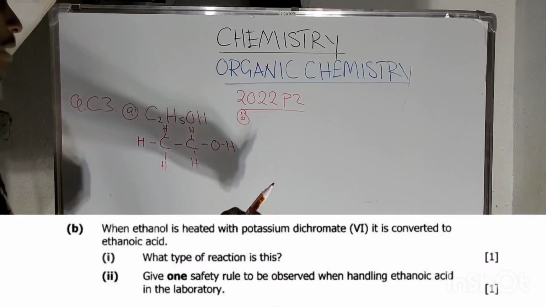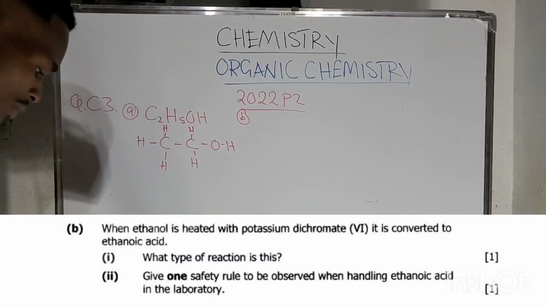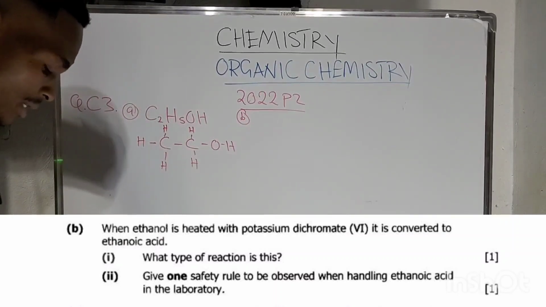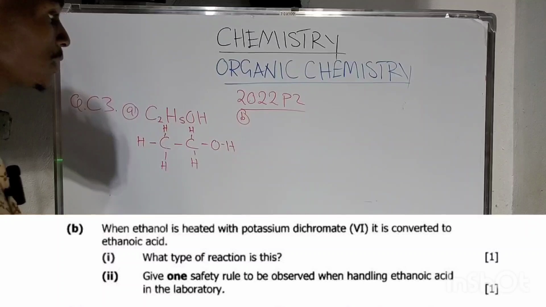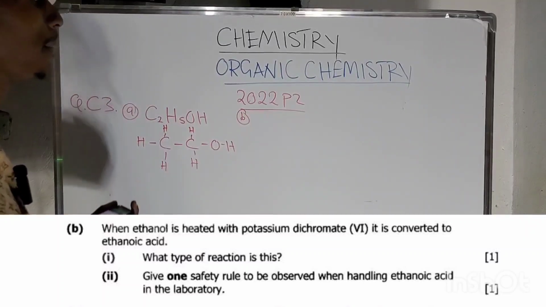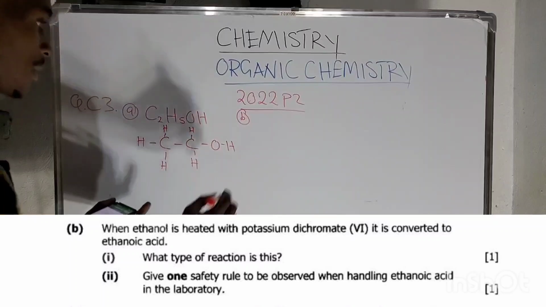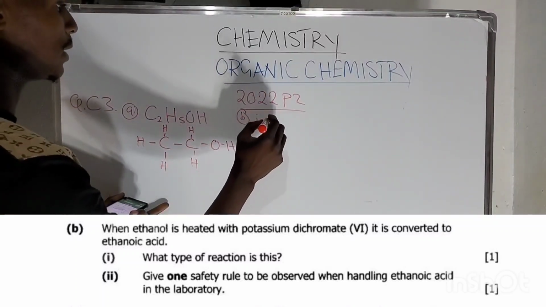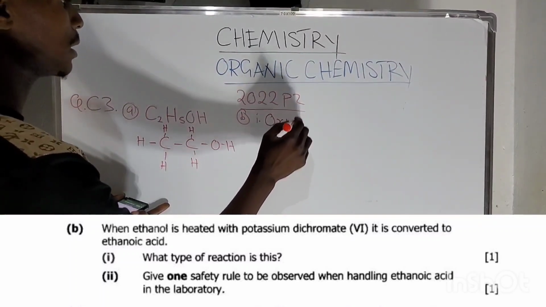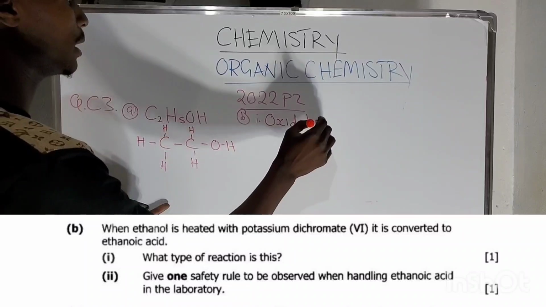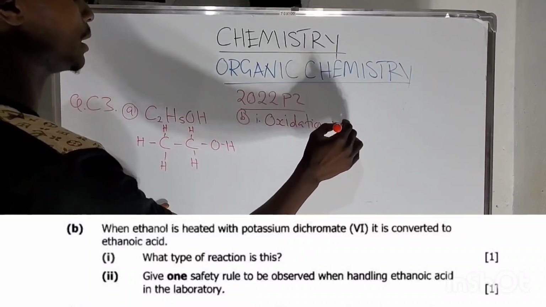You form ethanoic acid, and also when you use potassium dichromate 6, not 7, 6, you also form ethanoic acid. So what they're asking is, what type of reaction is this? This is the oxidation reaction.